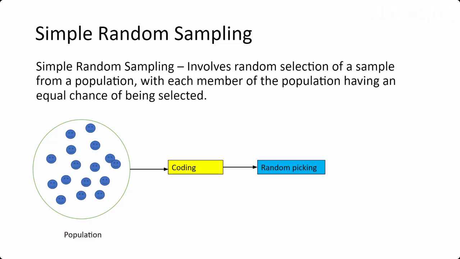If it picks 3, which is attached to Bwaria, then Bwaria is picked as a sample. That's how simple random sampling is done. It's very simple and straightforward, and it must be the oldest way of sampling, I guess.